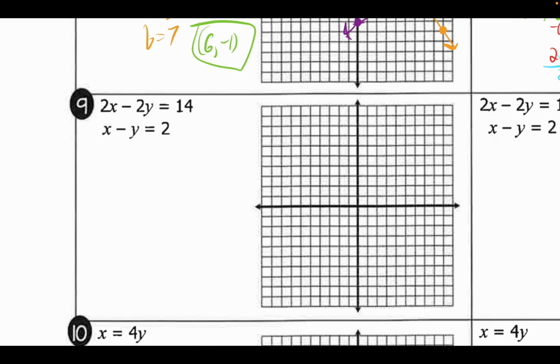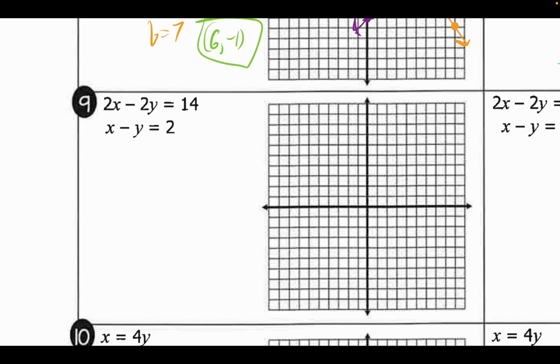On to number 9. So I solve this top equation for y, and I get y to equal x minus 7. I solve the bottom equation for y as well, and I get y to equal x minus 2. Top equation has a slope of 1/1 and a y-intercept of -7.